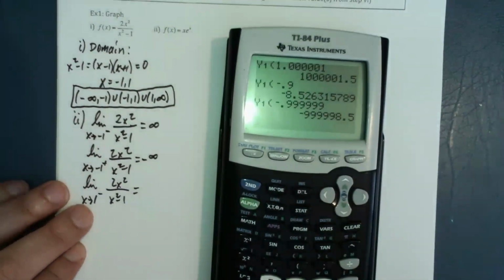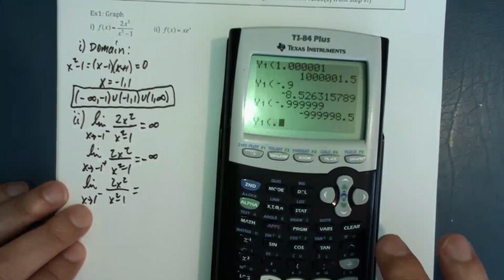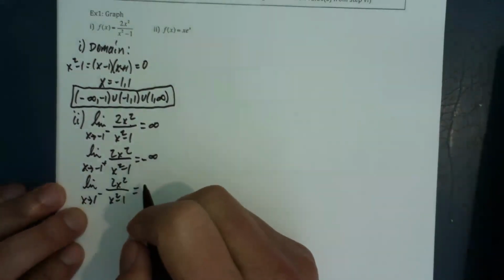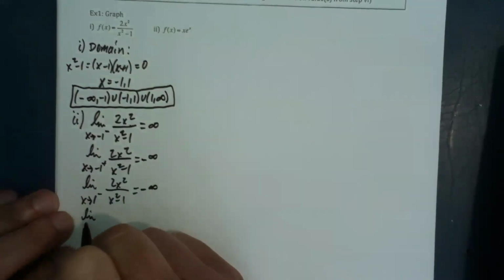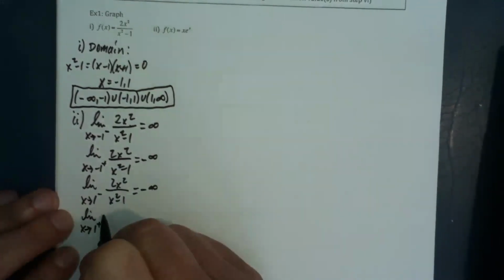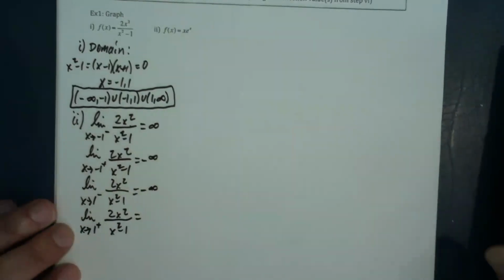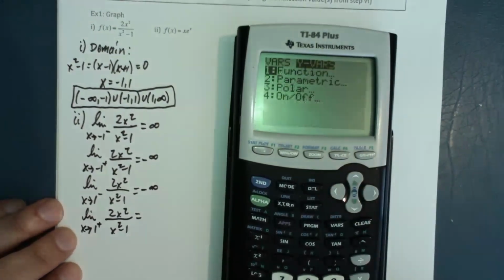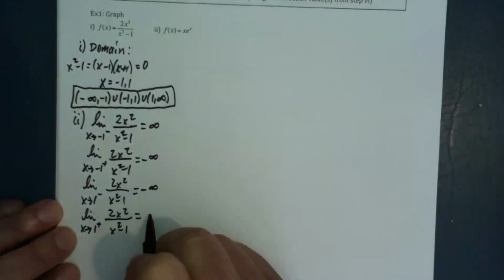So that's going to be 0.9999. And again, we're getting negative infinity. And the last one, as x approaches 1 from the right side, so that'll be 1.00001 and so on. And we're definitely going off to positive infinity in that case.